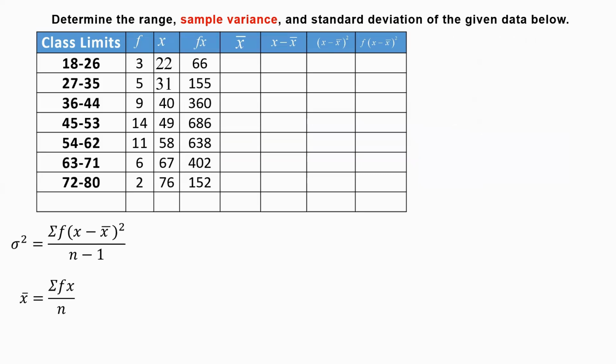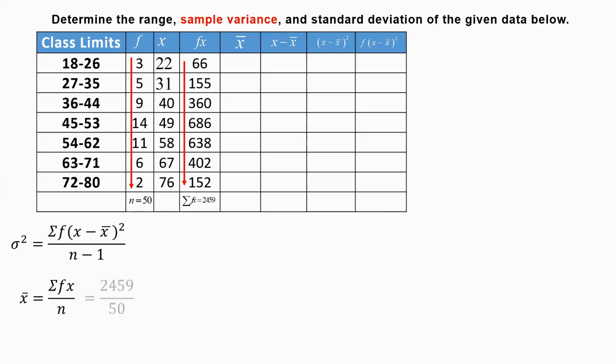So now we already have the values for the frequency and the midpoint. So let us take the sum of that value. So now we have 66 plus 155 plus 360 plus 686 and so on. That is equal to 2,459. For us to get the value n, that is the total number of our frequency, and that is equal to 50.